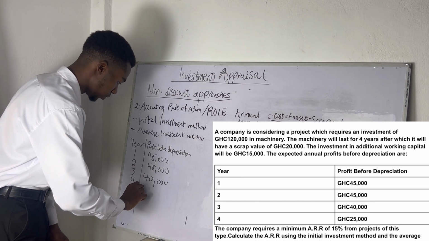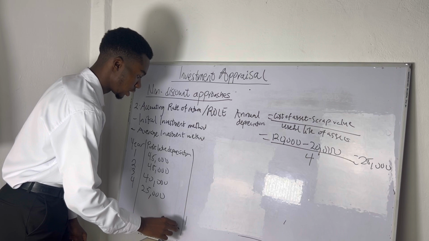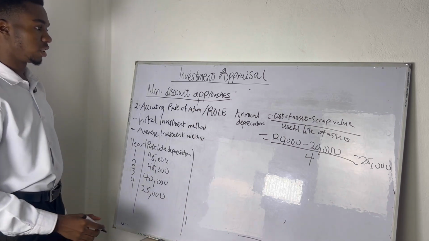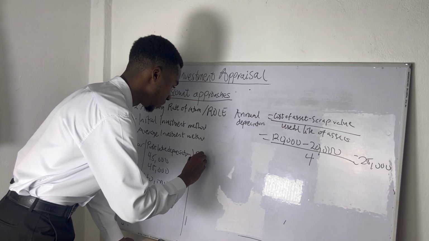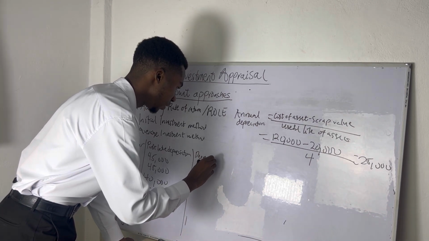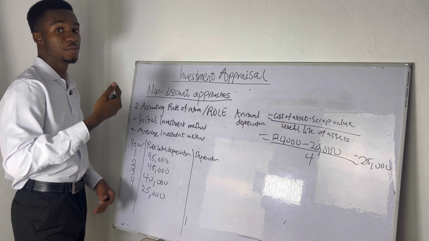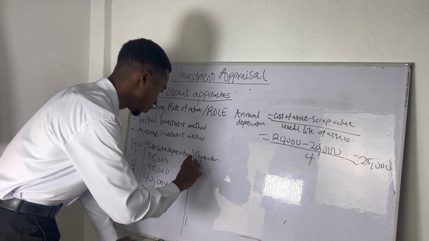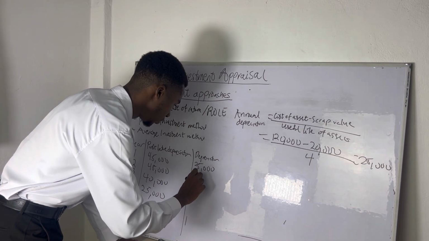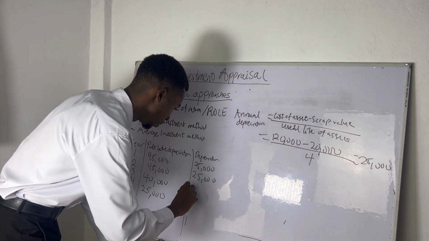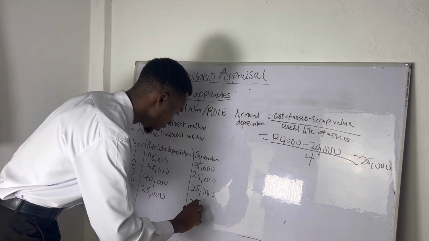And year 4 we have 25,000. So this is what the question has given as the profit before depreciation. And now we've calculated the annual depreciation. So the depreciation is 25,000 cedis every year: 25,000 cedis for year 1, 25,000 cedis for year 2, 25,000 cedis for year 3, and 25,000 cedis for year 4.